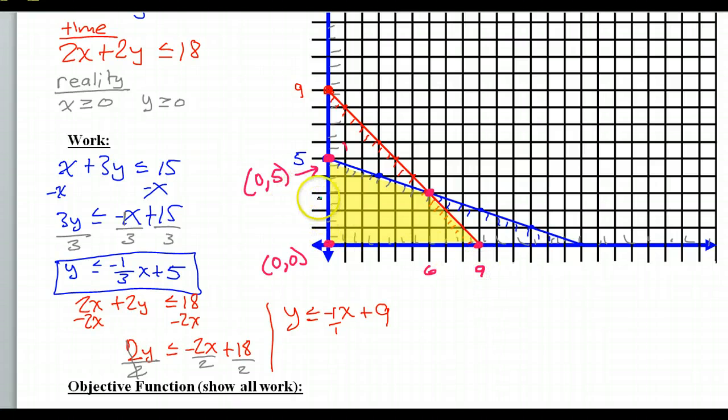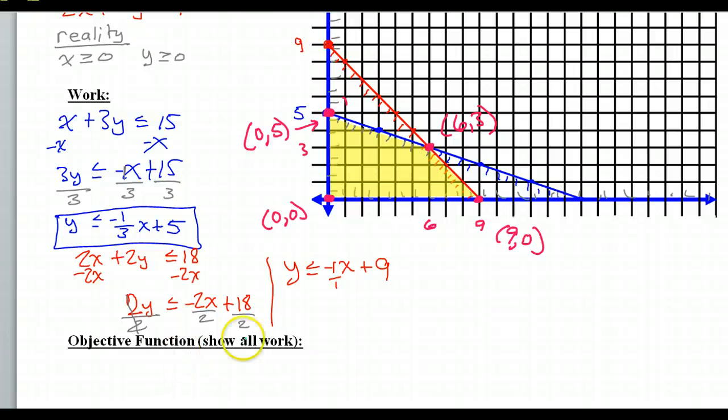This, of course, is 1, 2, 3. Okay, so this is the point 6, 3. And this one is 9, 0. So these are our 4 vertices. And they will need to go into the objective function, which we have not yet created.